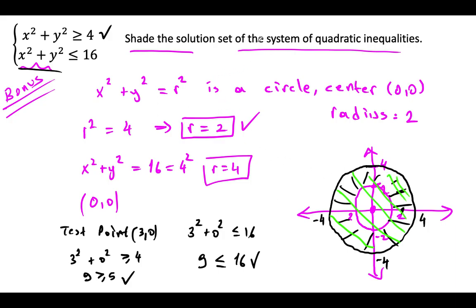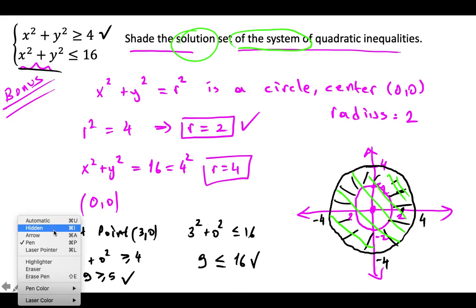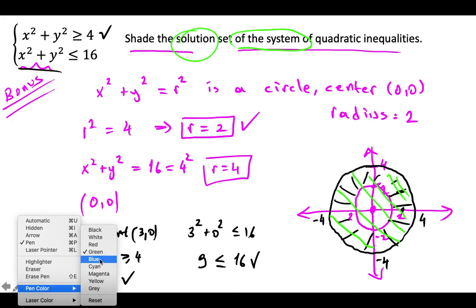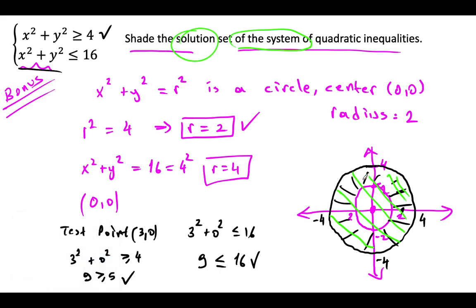Now, when we talk about the solution of the system, we are looking for the common region, common area. So isn't it clear here, my dear students? The common region, where we have the black and the green shaded area, is only this part.